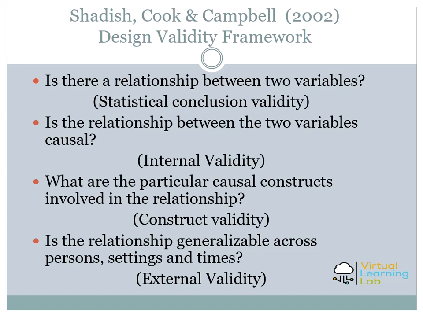Are the operationalizations of these constructs adequately representing the constructs? And then external validity is about whether the relationship generalizes across persons, settings, and times. So it's about generalizability. So here I will just focus on internal validity and construct validity because those are the most pertinent for causal inference.